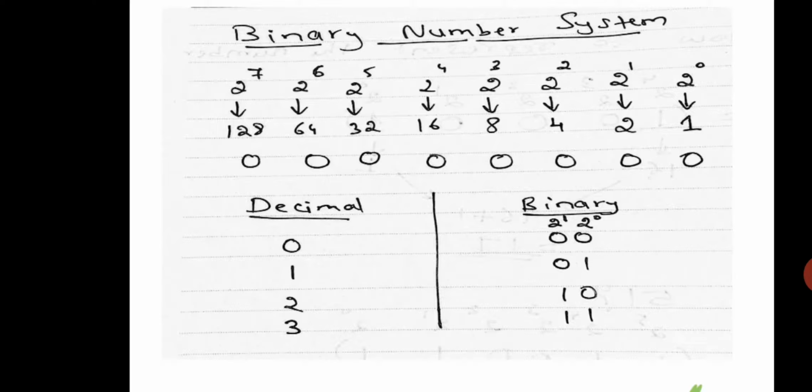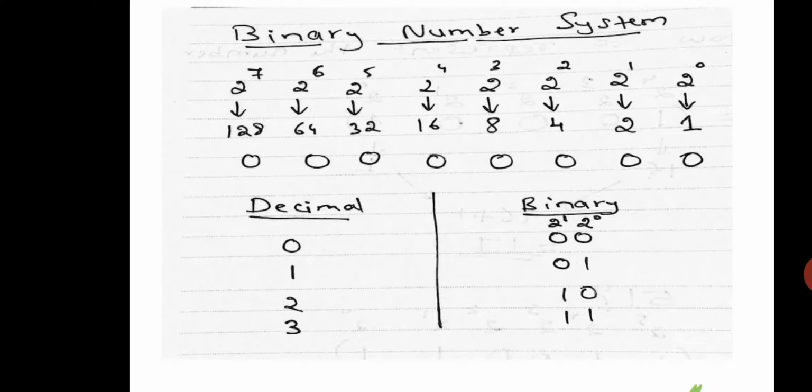Because I have taken a total of 4 numbers: 0, 1, 2, 3. These have to be converted to binary. How are you going to convert those numbers to binary? By taking this particular example. You can concentrate on the right hand side.